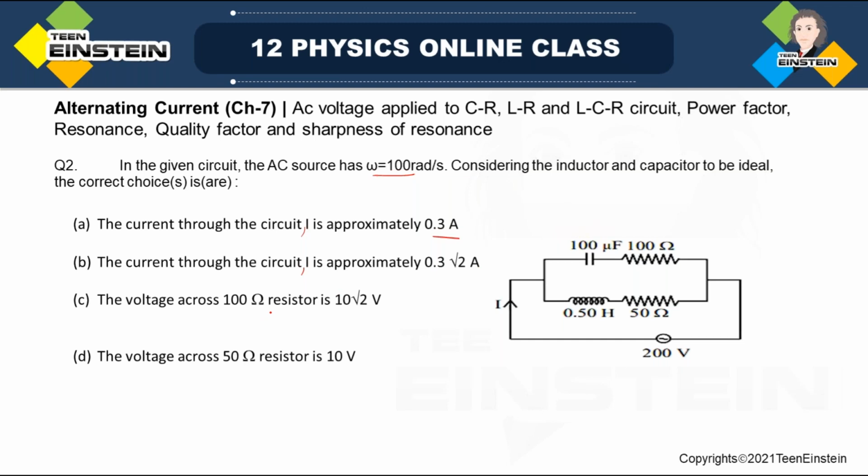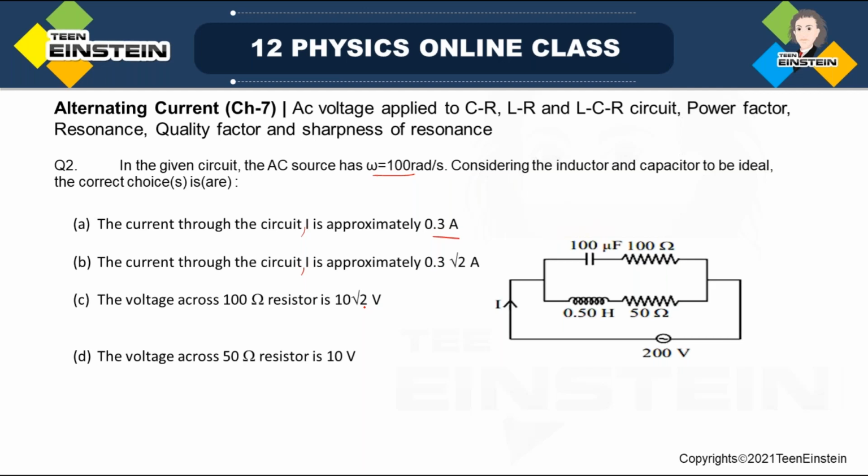The voltage across the 100 ohm resistor is 10 square root of 2 volt, or the voltage across the 50 ohm resistor is 10 volt.